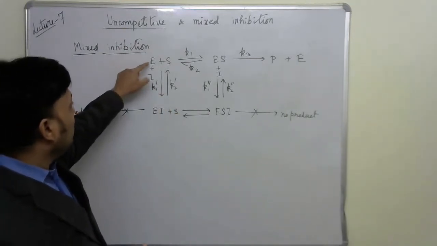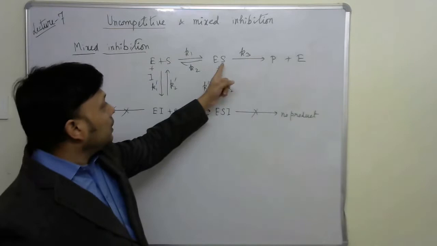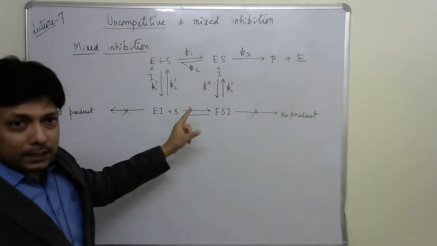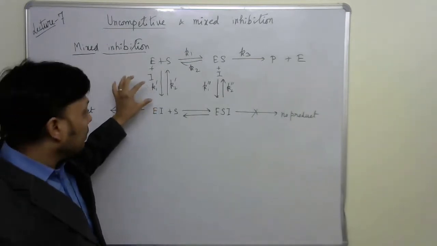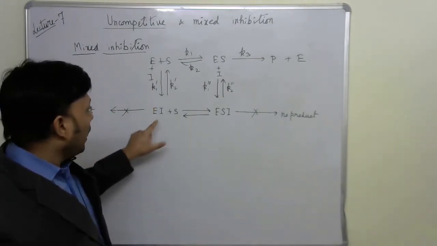Enzyme plus substrate when uninhibited gives ES and the product, but the enzyme in the presence of some inhibitor gives EI.